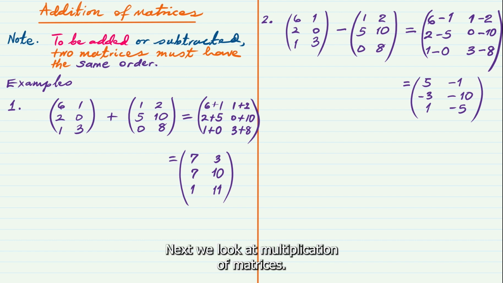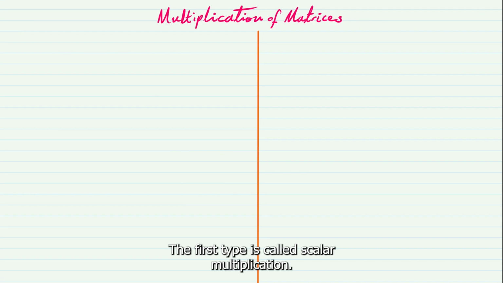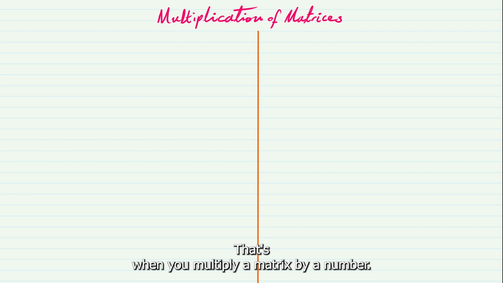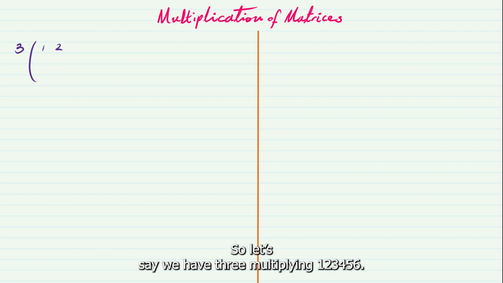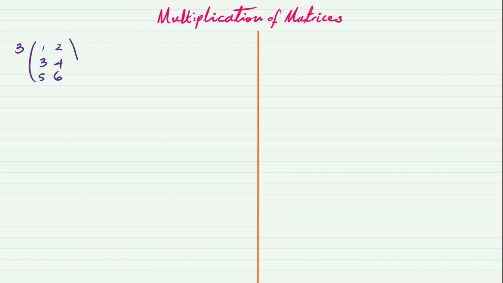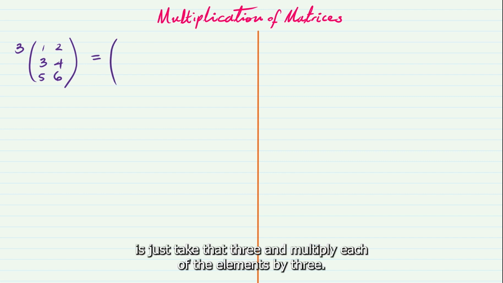Next, we look at multiplication of matrices. The first type is called scalar multiplication. And that's when you multiply a matrix by a number. So you say we have 3 multiplying 1, 2, 3, 4, 5, 6. So what you do is just take that 3 and multiply each of the elements by 3.